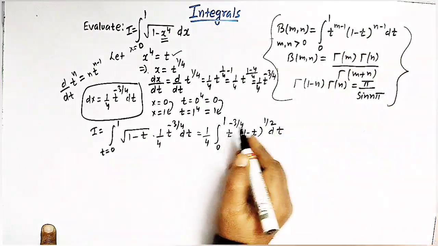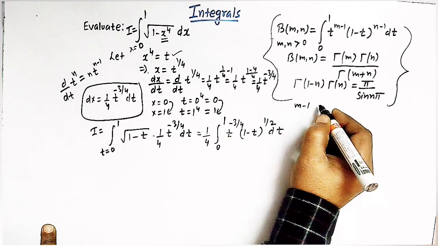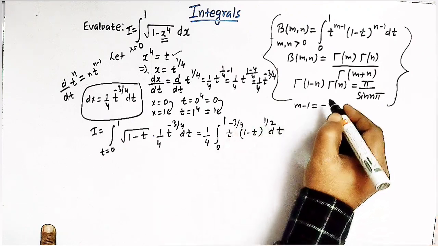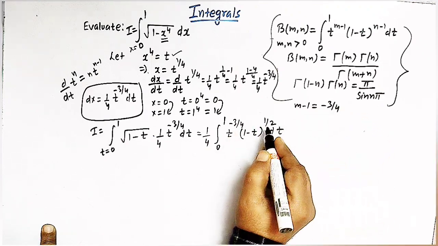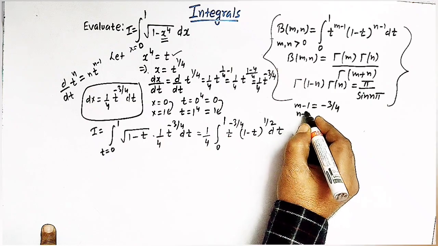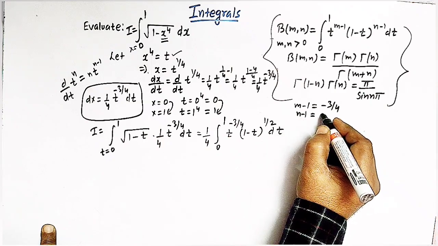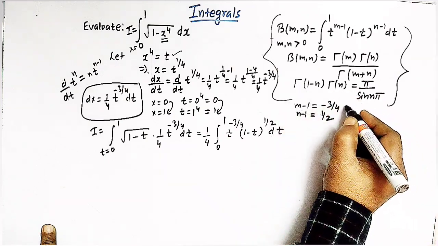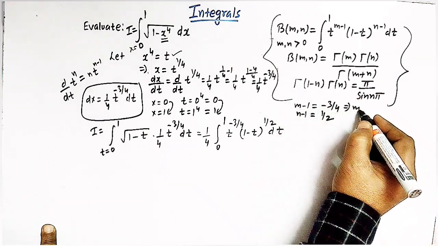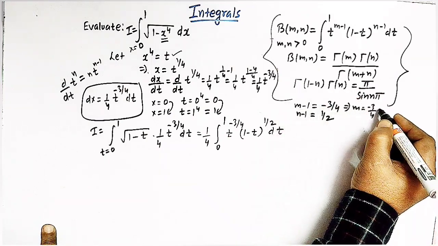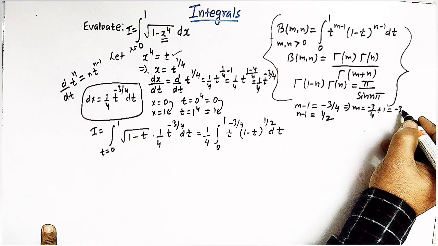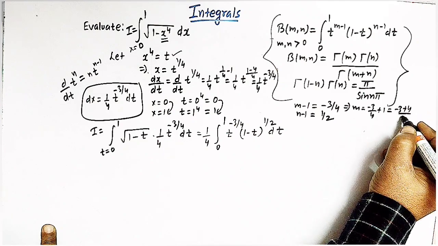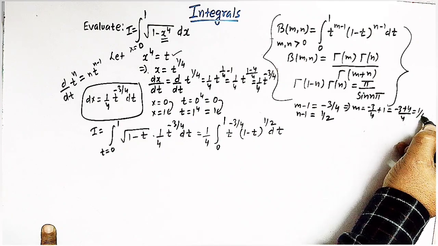So m minus 1 can be equated to minus 3 by 4, and n minus 1 can be written as half. So solving these two equations for m and n, from here we can write m is equal to minus 3 by 4 plus 1, that is minus 3 plus 4 over 4, that is 1 over 4.